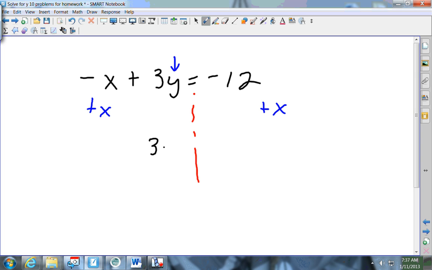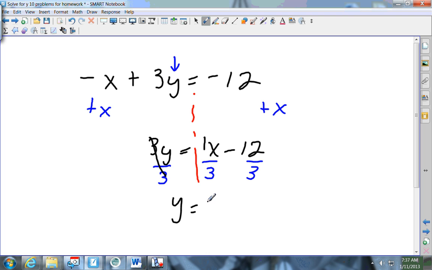You get 3y equals x minus 12. You're going to divide by 3. Here, this makes 1. So I get y equals. Now, this messes a lot of people up. What is x divided by 3? What does that mean? There's a 1 in front of it. Yeah, so it's 1/3 x minus 4.